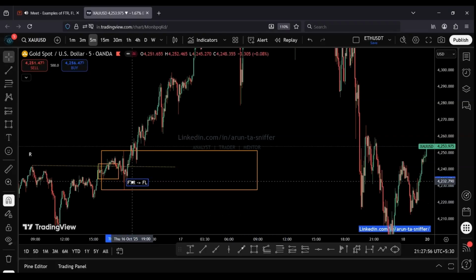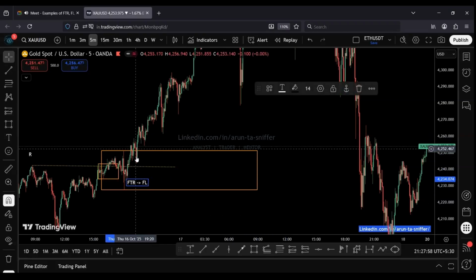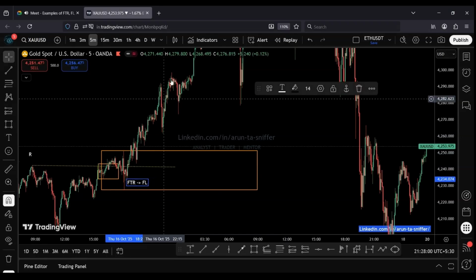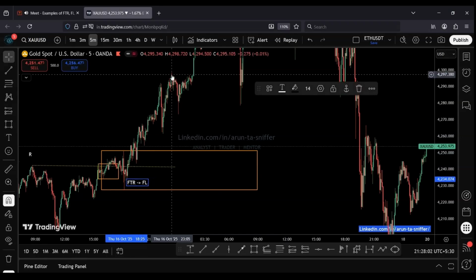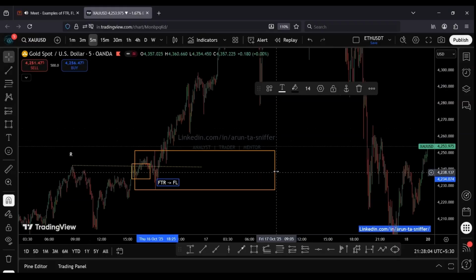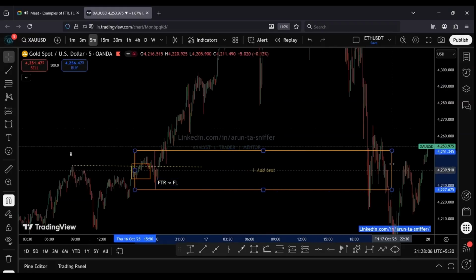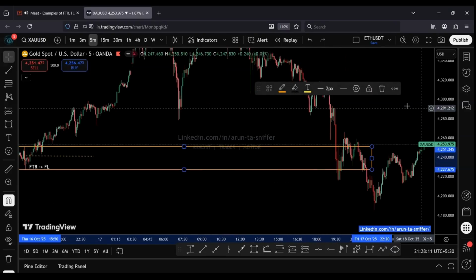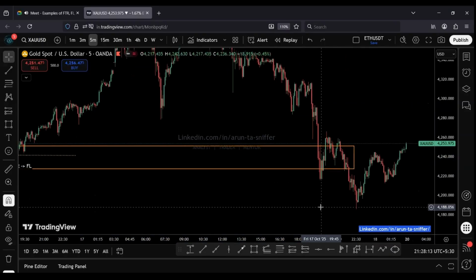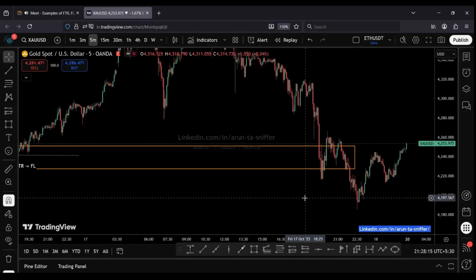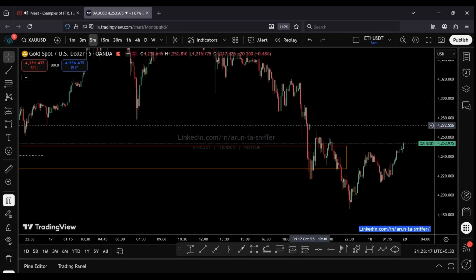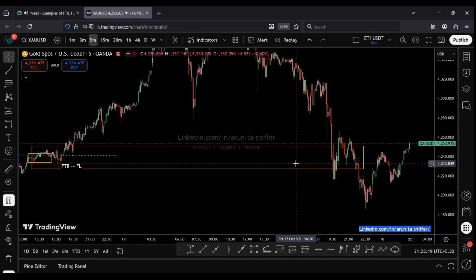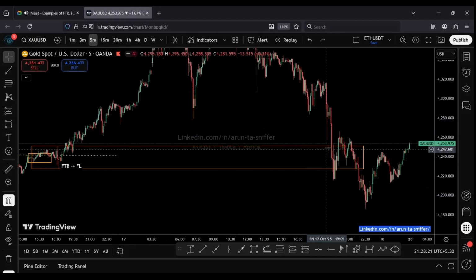Here, price goes up, came down again, goes up again. So when price goes to here, what happened? Price came down. What is happening here? Look at this.